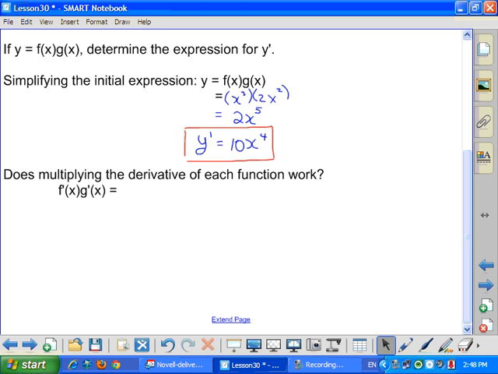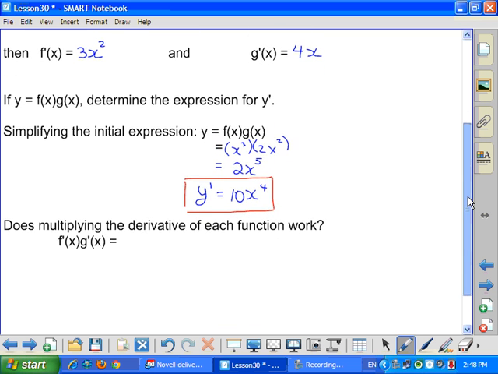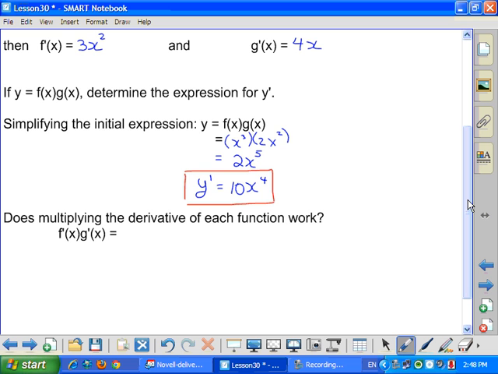So the question is, can we just multiply the derivatives together? Is that our product rule? So we can test it to see if that's really the rule. And what we find is the derivative of f was 3x squared, and the derivative of g was 4x. So if we put those together, we get 12x cubed.